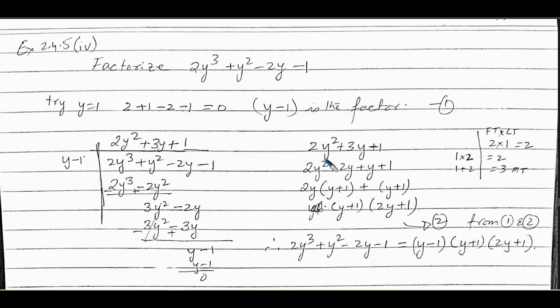Here I have done the same thing. I have taken this quotient, put it here, and again found its factors. So this quotient's factor times this factor is a factor of this equation. The quotient factor is y plus 1 into 2y plus 1, and so this whole equation will have y minus 1 as one factor, times y plus 1, times 2y plus 1.